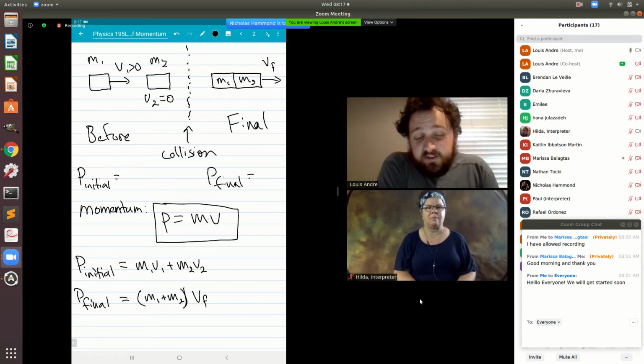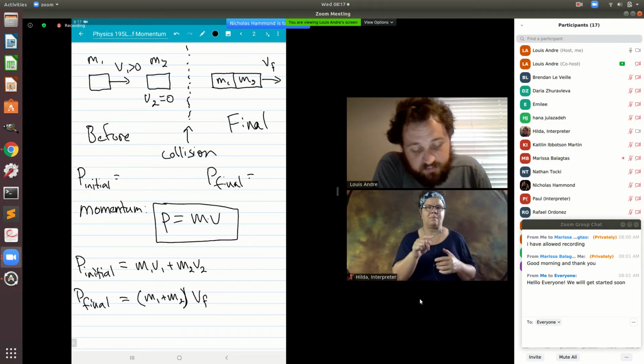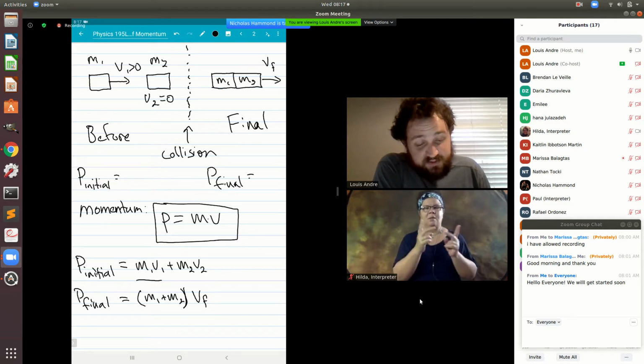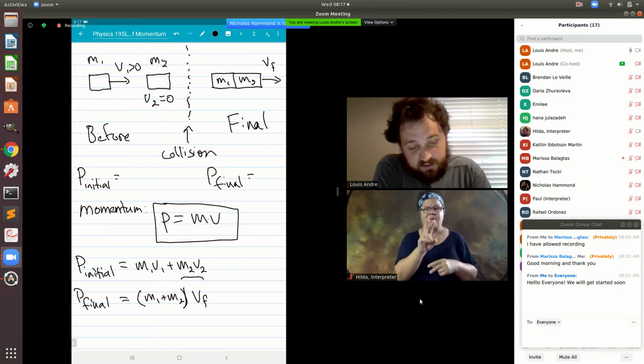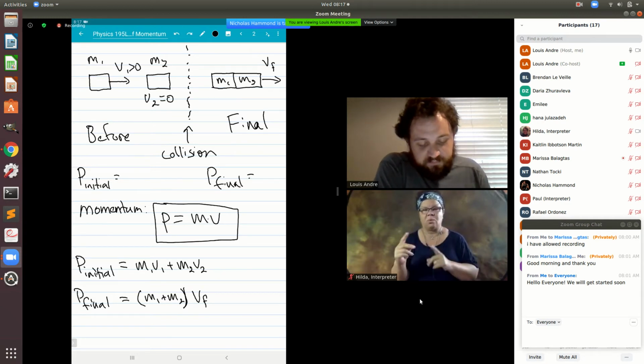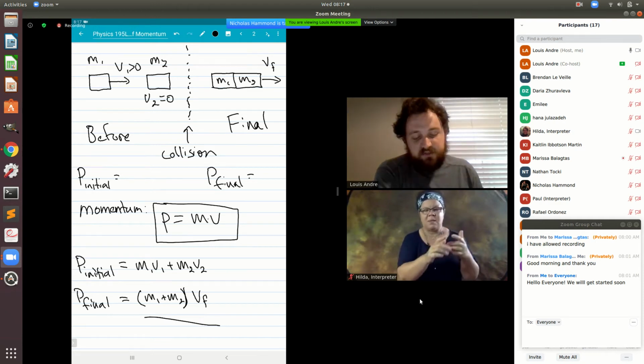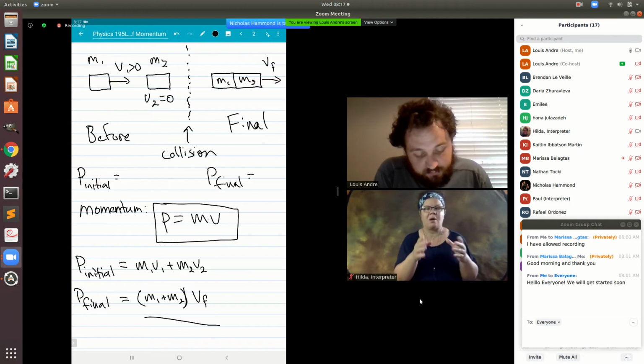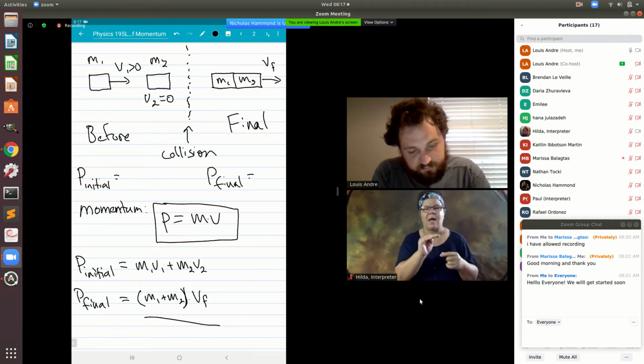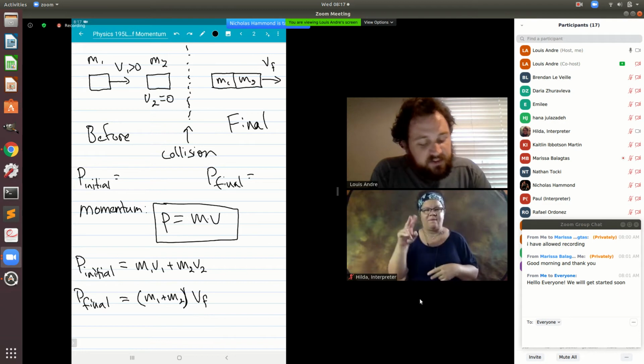So here you have m1 times v1, that's one object moving at some speed, plus another object moving at some other velocity, right? And in this final position, you have one object, so I did the combined masses of m1 and m2 times some vf. Okay. So that's the setup.